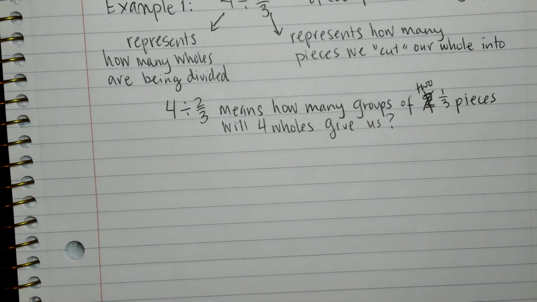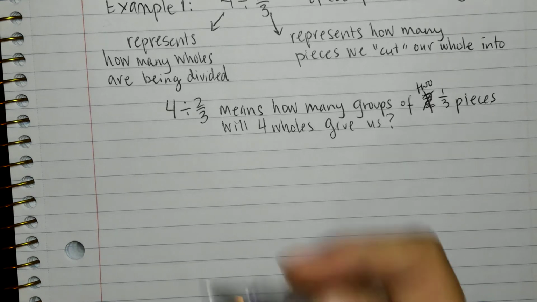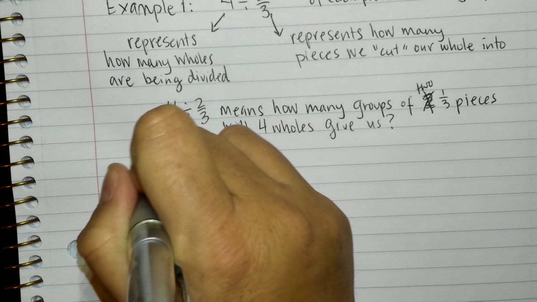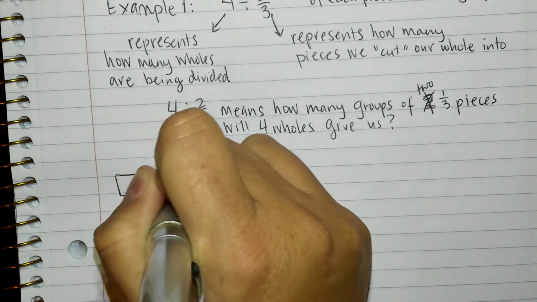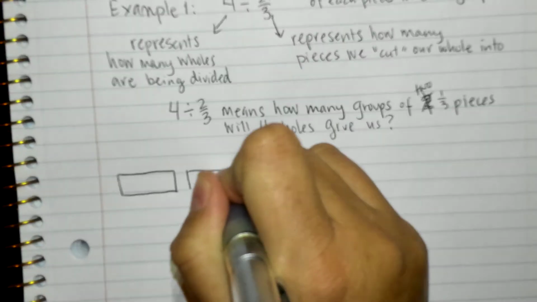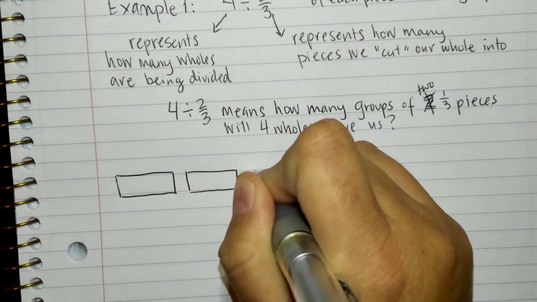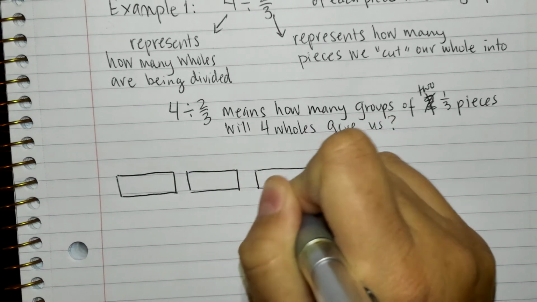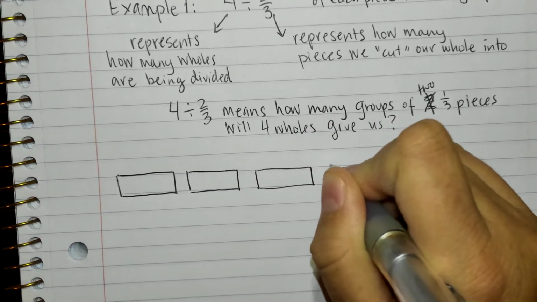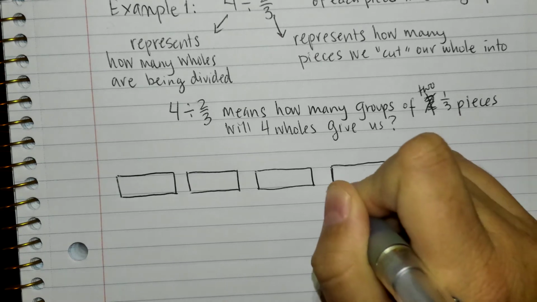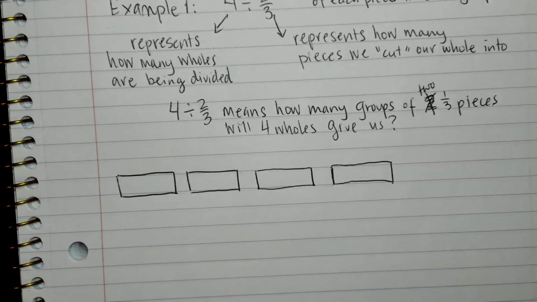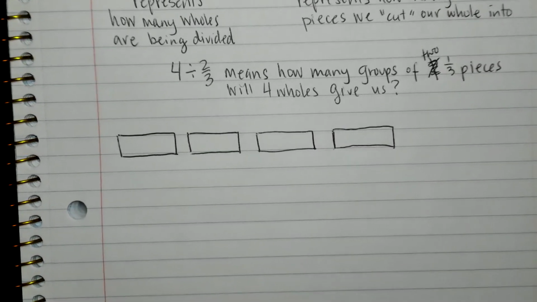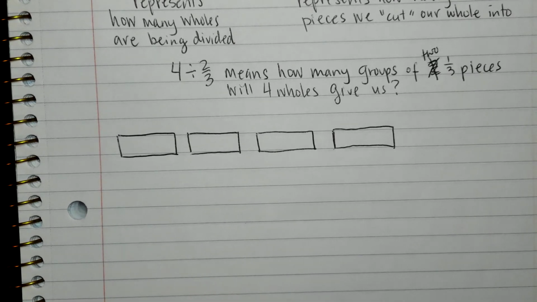Okay, so let's go ahead and get started. I'm going to start by drawing 4 wholes, or 4 bars. And I want to make them the same size. Your drawing is not going to be perfect, but you have to know that it represents an even or perfect amount.